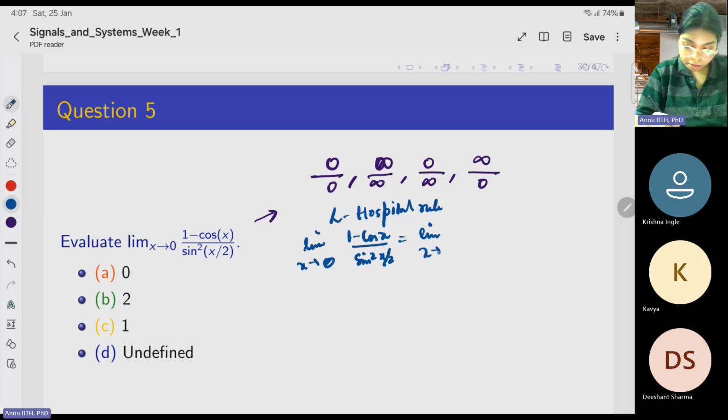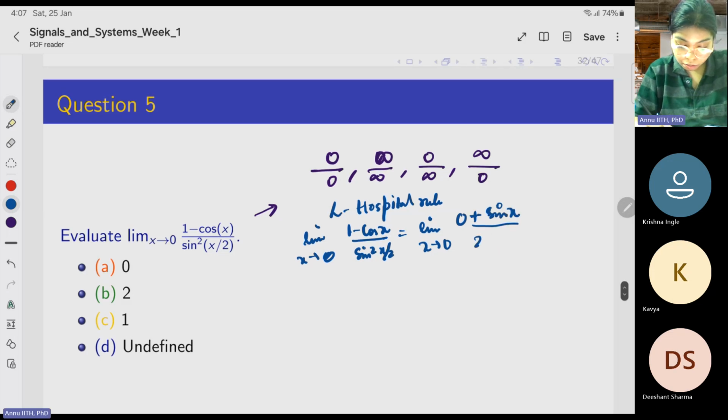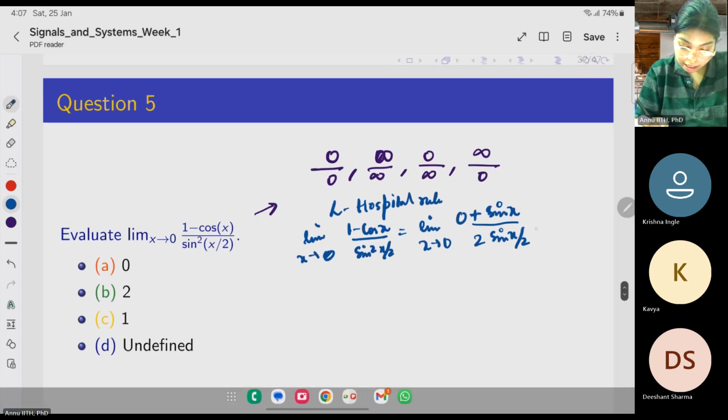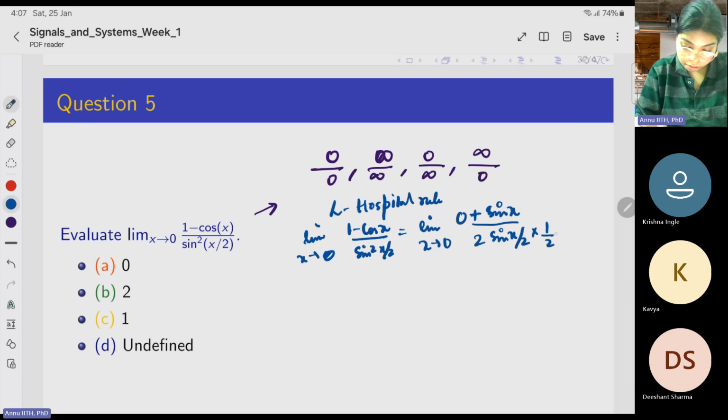Limit x tends to 0, 1 minus cos x. What is the derivative of cos x? Minus sin x. Right? So 2 sine x by 2, because x by 2 I'm keeping 2 sine. And this is 1 by 2. Sin x's derivative is x by 2.